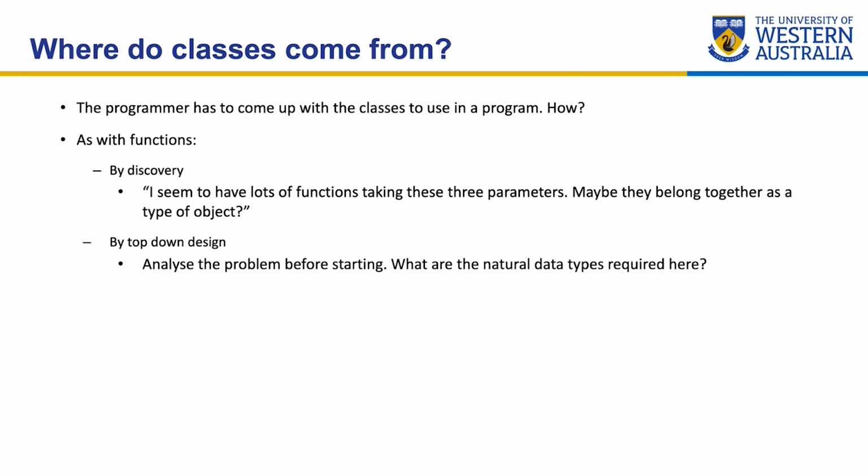So we evaluate the problem, analyze it. What are the natural data types required here? What are some common characteristics they exhibit? What are the differences? And so forth, right? So similar to functions, we can also define classes for objects in a similar way.